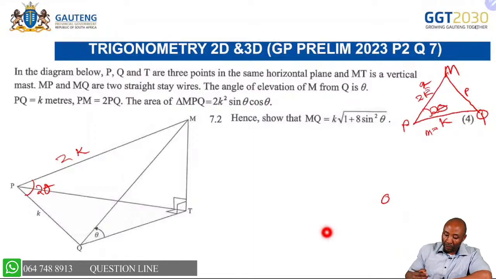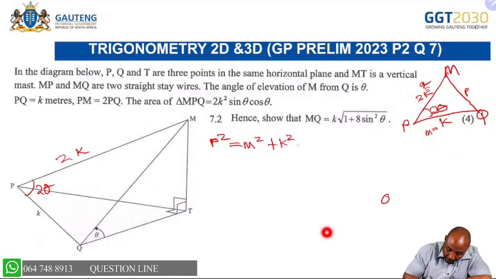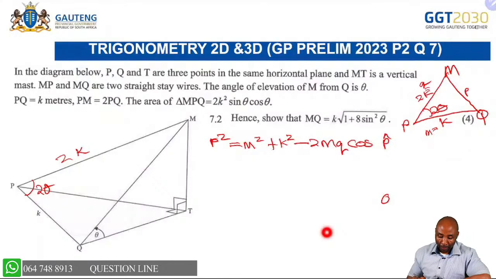So using cosine rule, we are able to say our p squared is equal to our m squared plus q squared minus 2mq cosine of angle P. Or using the sides, the first side, the side opposite, it's our MQ, we square that.